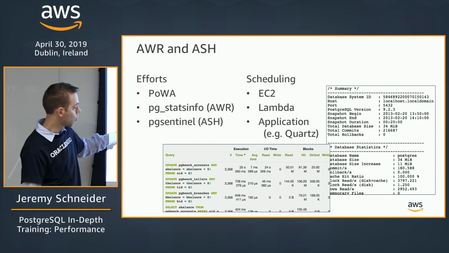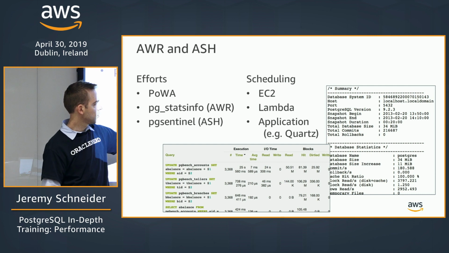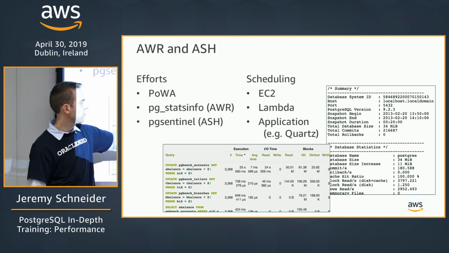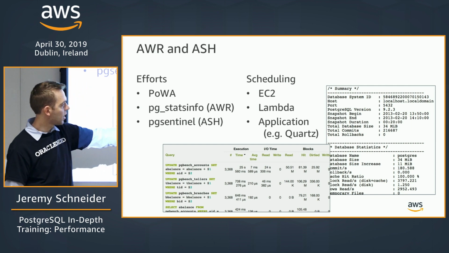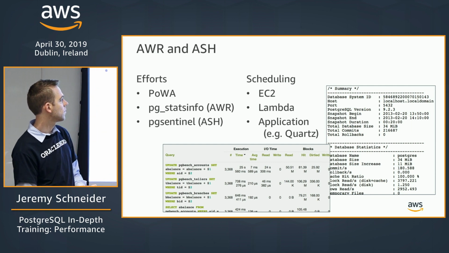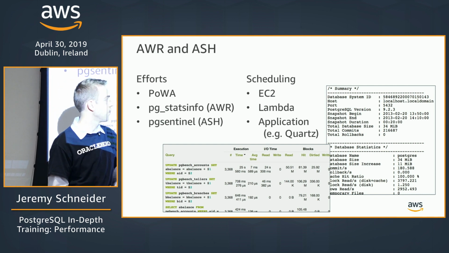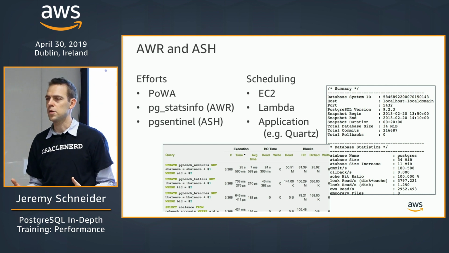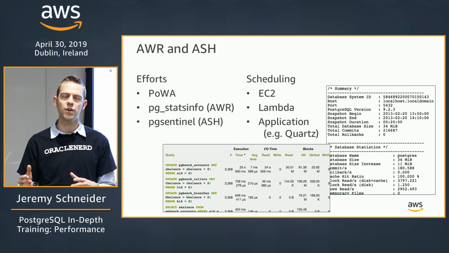This is one section of it, but it's just listing the top queries, and you can see that you can sort by execution time, by the I/O time, by how many blocks were accessed by these queries. Over on the right is an example of the StatsInfo report. And one of the nice things about StatsInfo is that they've taken the time not only to build the data collector, but also to build a canned report.